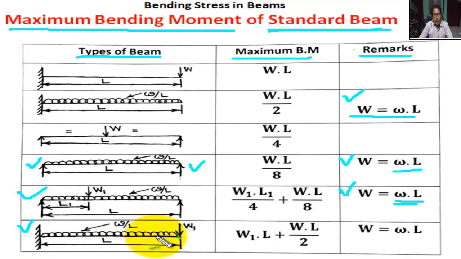Here total weight of the beam, capital W, equals omega into L. So the maximum bending moment formula is W1 into L plus W into L by 2.